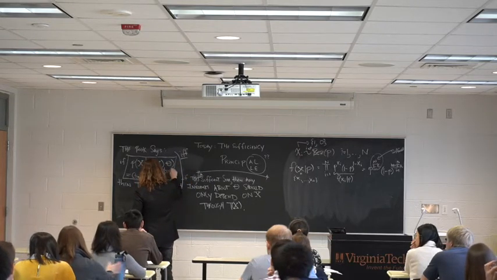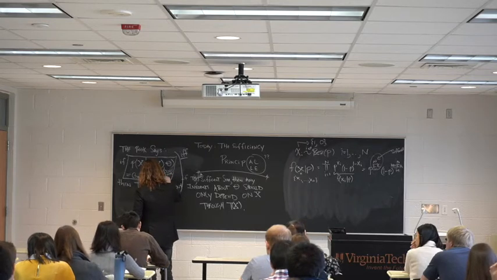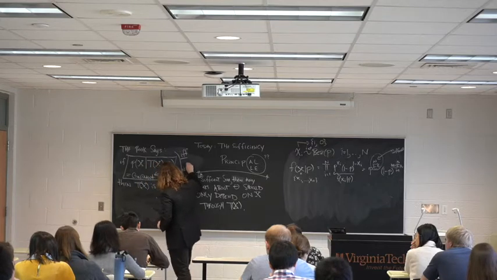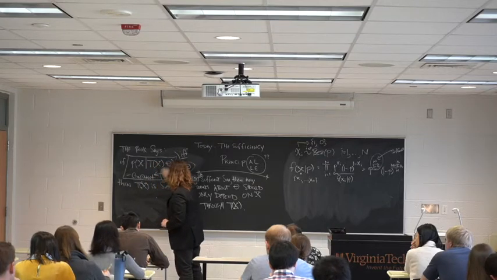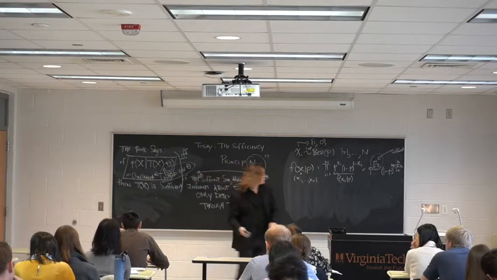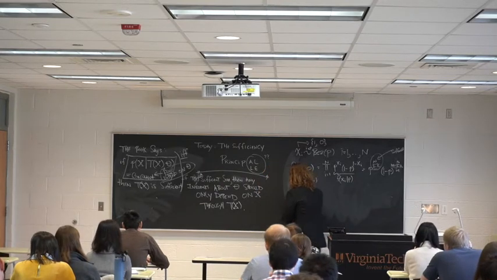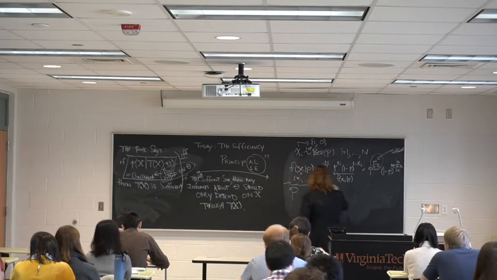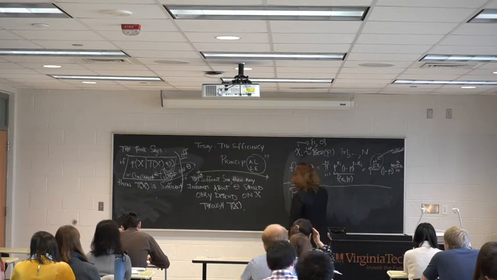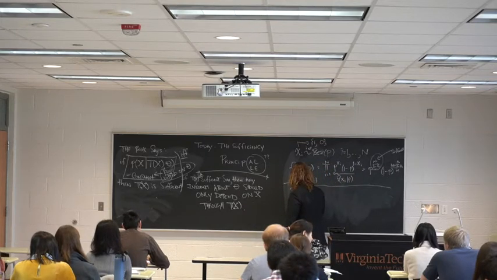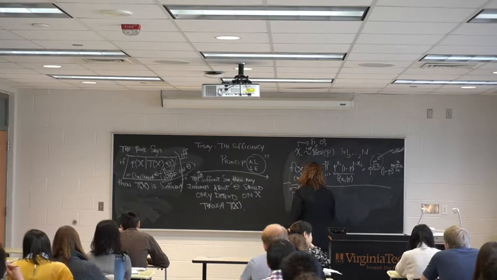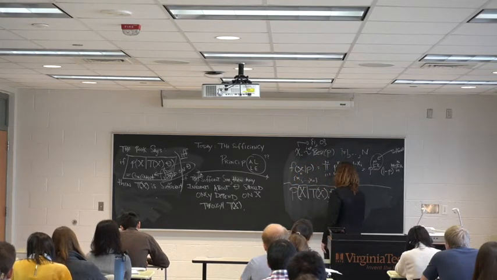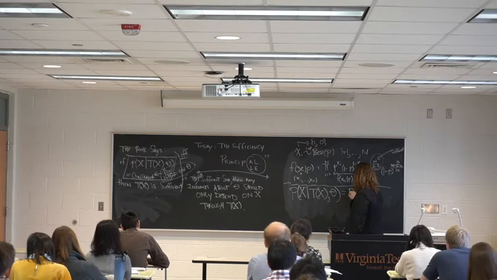Let me write it down a different way. p of x given T(x) and theta is equal to p of x given T(x).